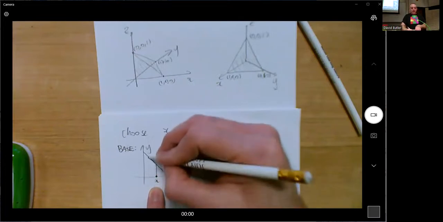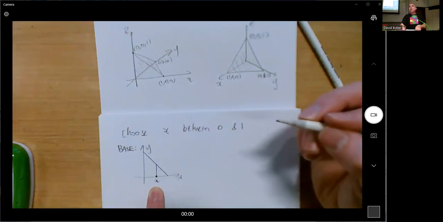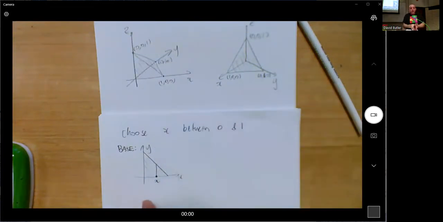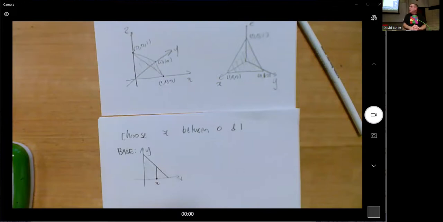And different x's have different amounts of y's that are able to be chosen. That's one of the important things I wanted to point out, that choosing the value of x changes what the y could be. And so I need, based on the value of x, to figure out what the options are for y.